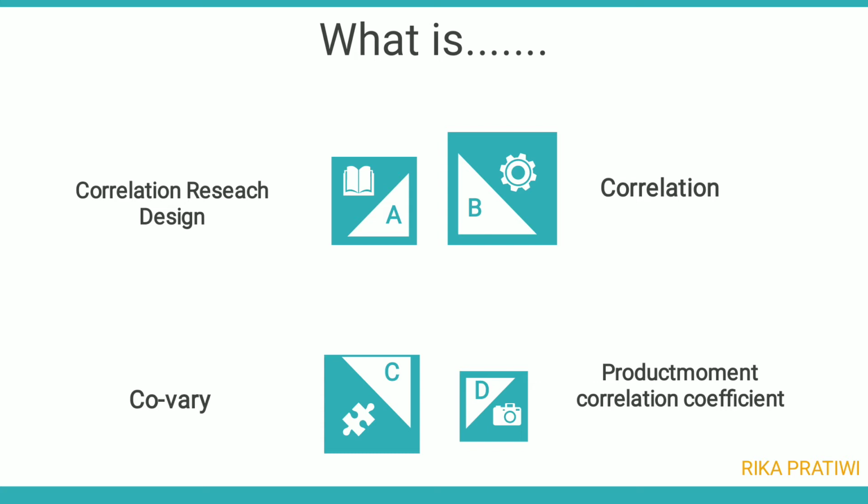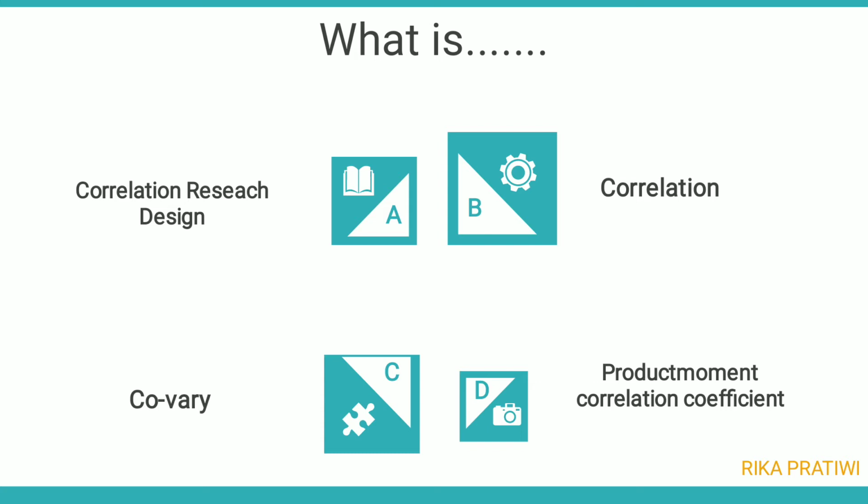What is correlation? Correlation is a statistical test to determine the tendency or pattern for two or more variables or two sets of data to vary consistently. In the case of only two variables, this means that the two variables share common variance, or they co-vary together.